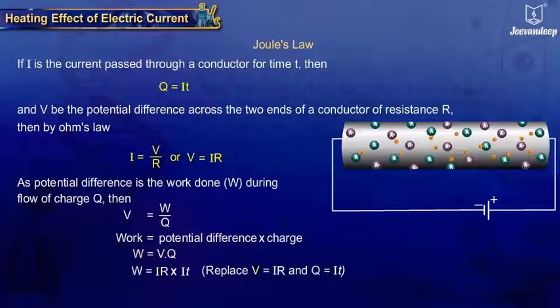On replacing V with IR and Q with IT, W equals IR multiplied by IT, or W equals I square RT. Using Ohm's law, that equals VIT.